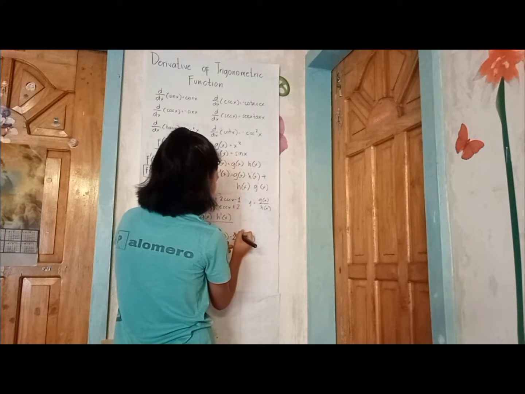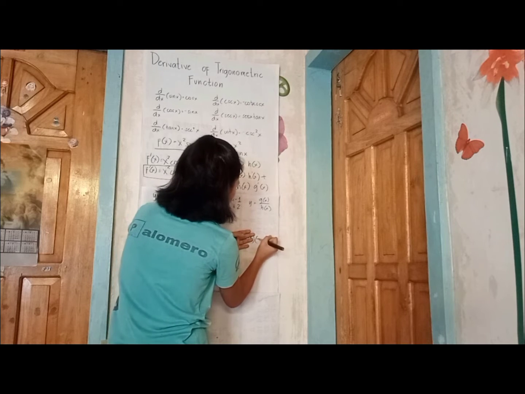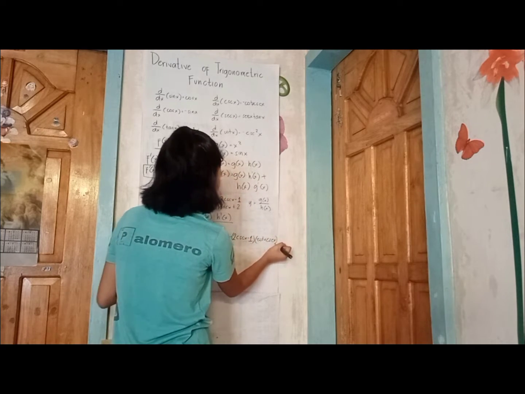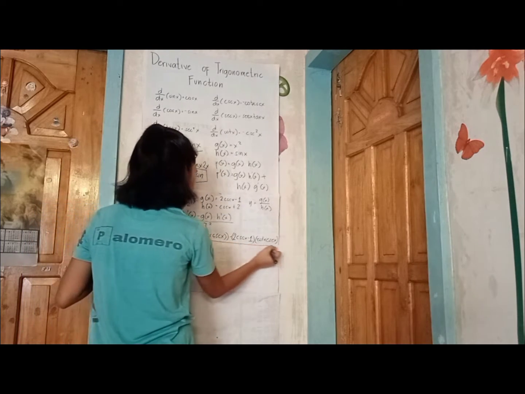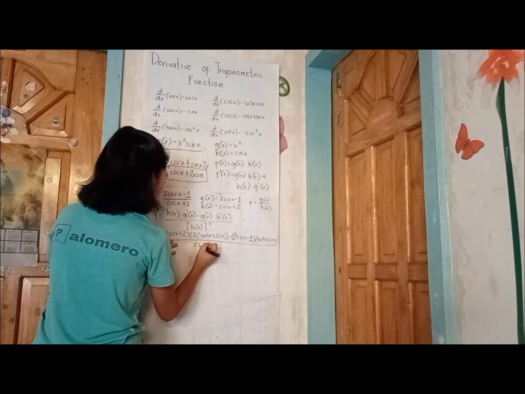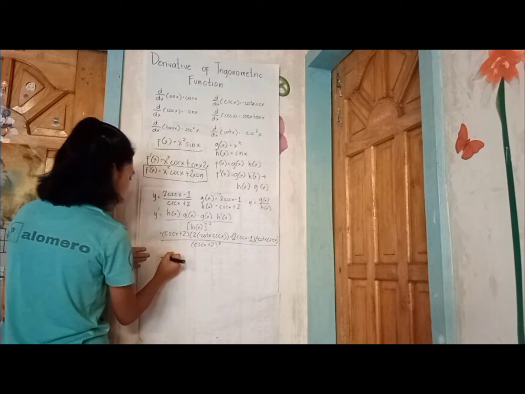So this is multiplied to negative cotangent x cosecant x all over h of x, our denominator, cosecant x plus 2 squared.